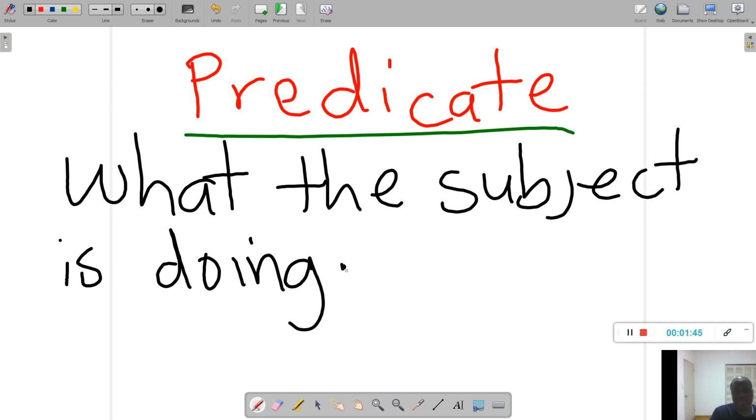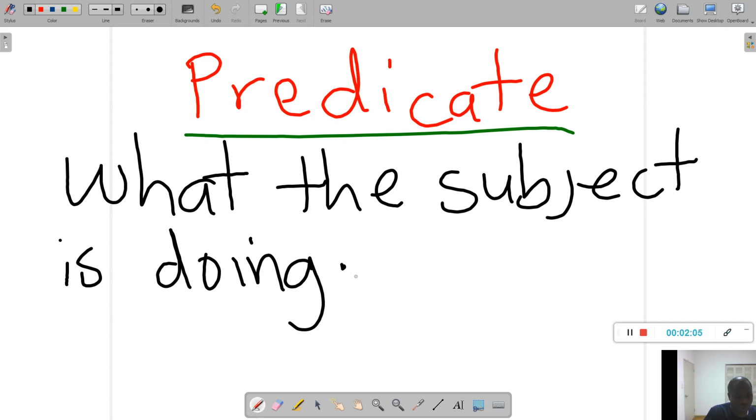This is in layman's language so that you'll be able to understand. Or we can also say a predicate is the action that the subject initiates or performs.